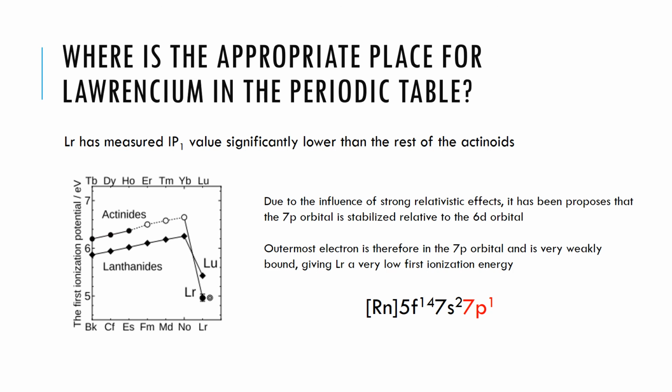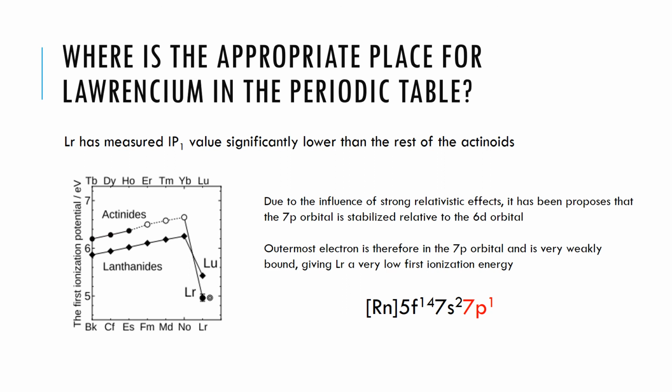The f block would be defined by having partially filled f subshells. And if this is true, and this is a relatively recent study, and the outermost orbital for lawrencium is indeed a p orbital, then is it better placed in the p block of the periodic table?